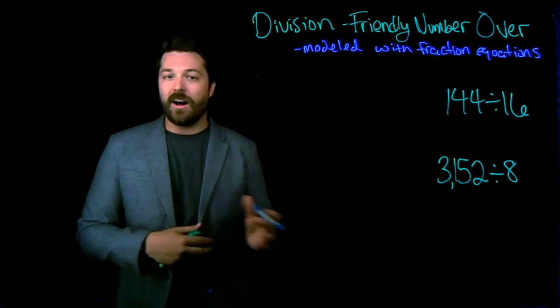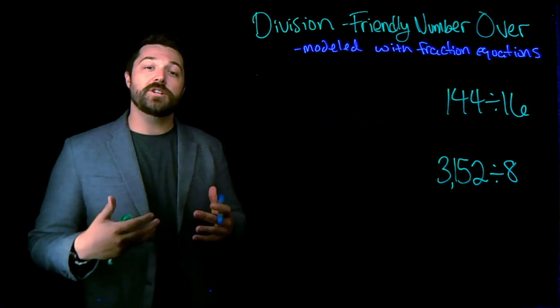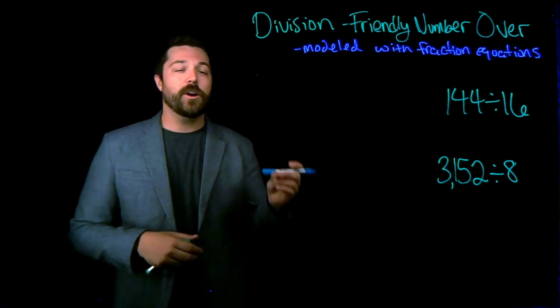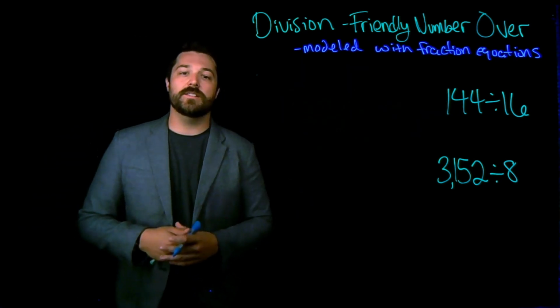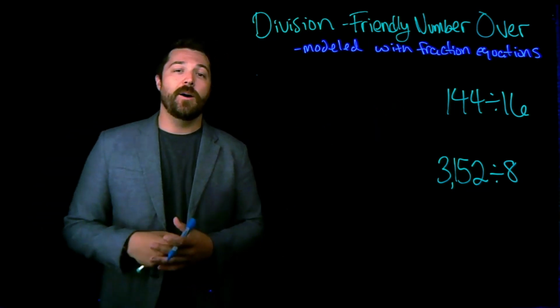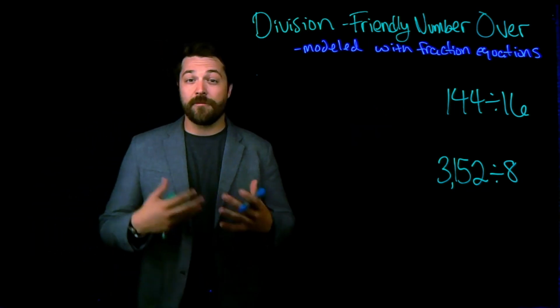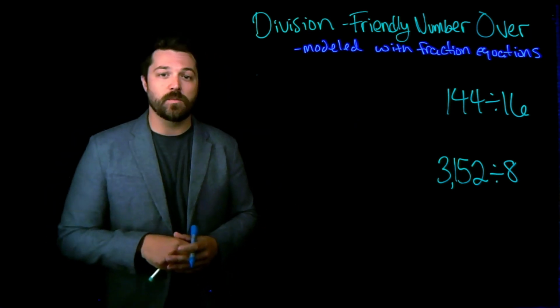For this one, unlike the multiplication examples that we have done where we used a ratio table to model that, we're going to model this with fraction equations. And I like modeling this strategy in this way because the inclusion of fractions in our model also helps to develop that fractional sense that students are developing in third, fourth, and fifth grade as well.